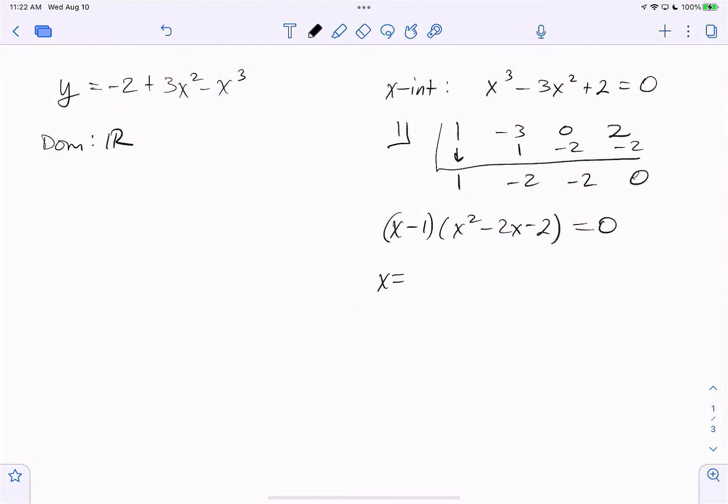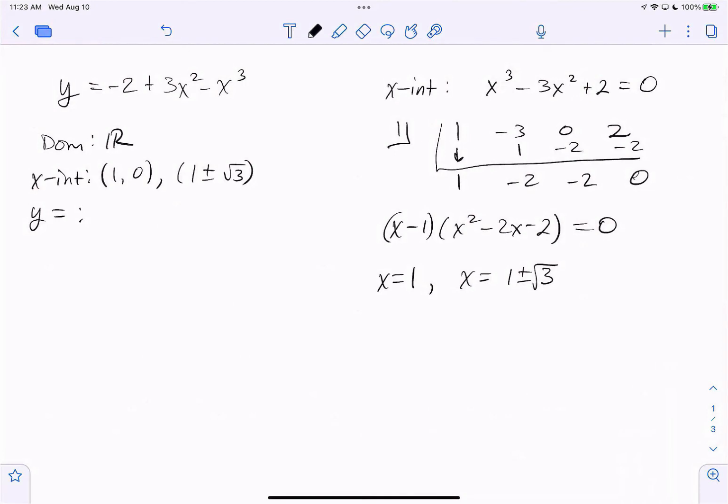So that tells me that x is equal to 1, and then if you use the quadratic formula, you will see that x is equal to 1 plus or minus the square root of 3. So our x-intercepts are 1, 0, and 1 plus or minus the square root of 3. We can see from the expression that defines the function that the y-intercept is 0, -2. And that's what I'm going to get out of the function for now.